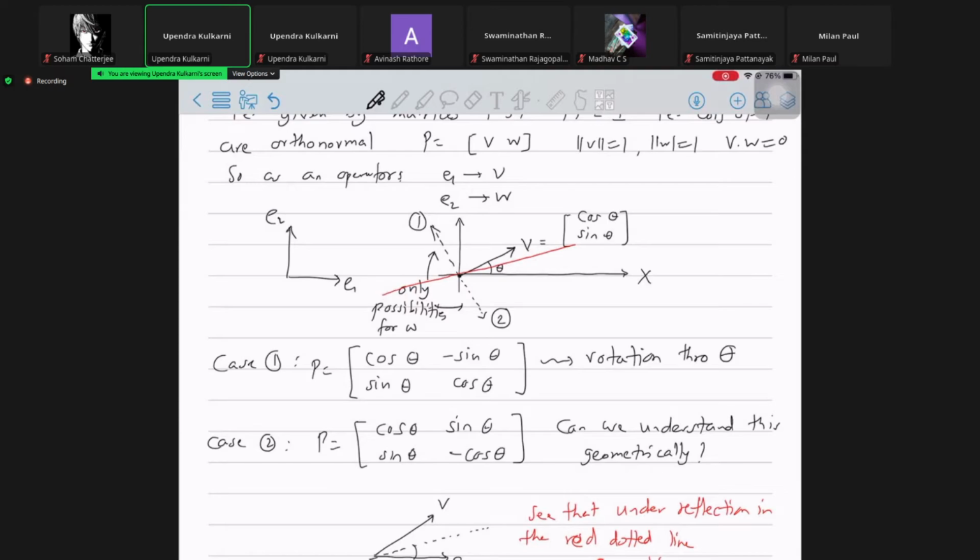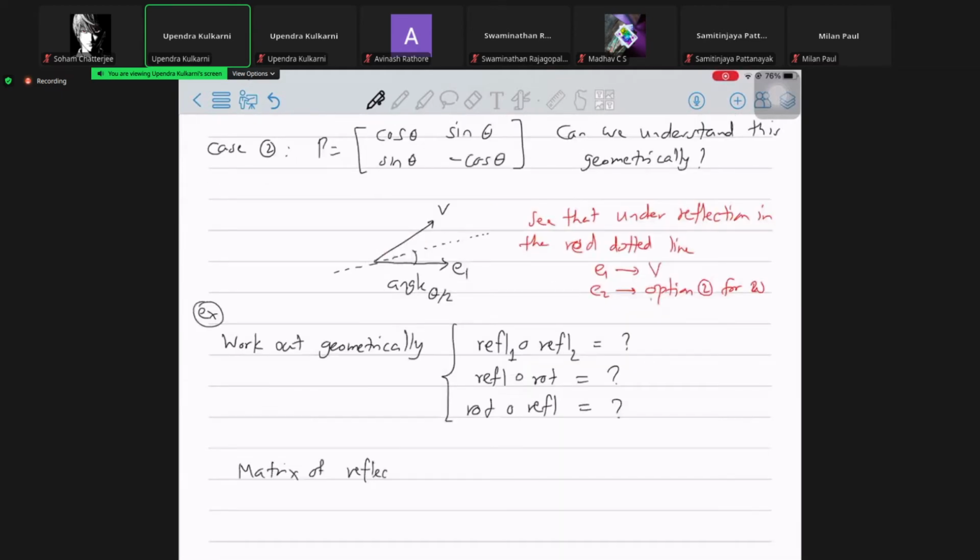Now, you see, what is the matrix of a reflection in a suitable basis? Of course, what do I mean by suitable basis?